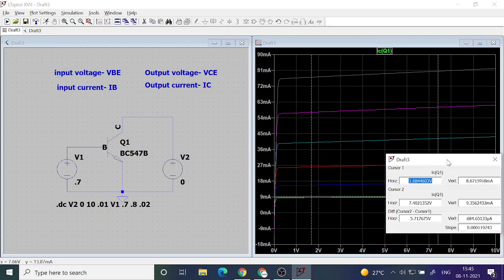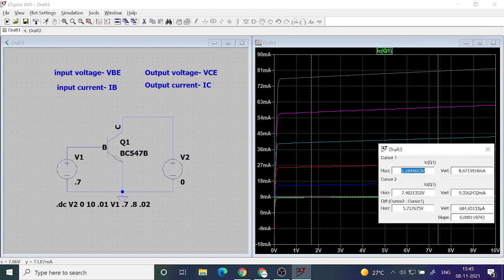Then you can see the horizontal variation. These are in volts. The change of voltage is around 5 volt, but current is changing by 0.6 milliampere. Very negligible change for a large change of voltage.